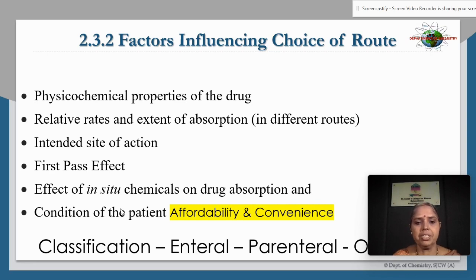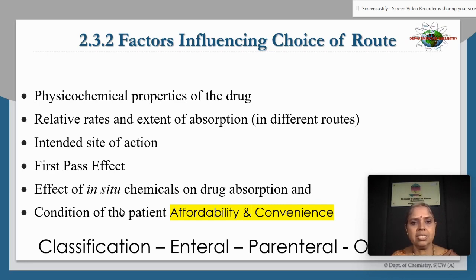Suppose if I have a headache, I apply a medicine or an ointment to my forehead or my head. If we have a pain in the leg, a particular medicine in the form of a spray or a patch is applied to the leg. So, the mode of drug administration or the drug administration route also depends on intended site of action.